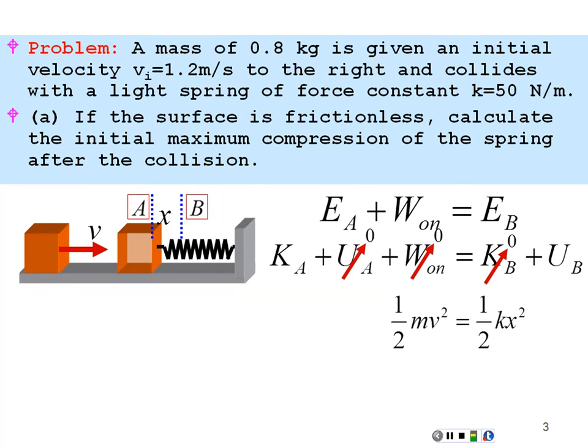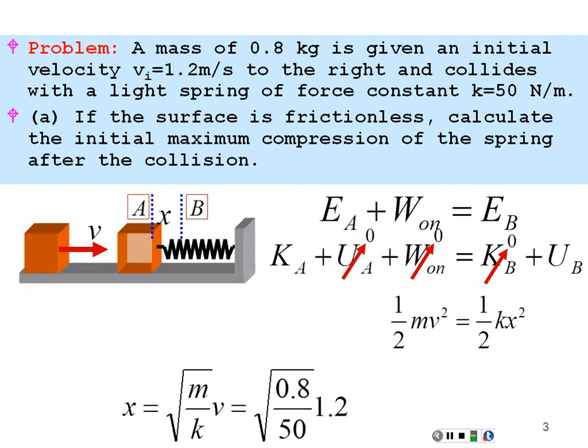Kinetic energy at A, 1/2 mass times velocity at A squared, is equal to the potential energy at B, which is totally in the compressed spring, 1/2 kx squared, because it's on the same gravitational level, so there's no gravitational potential energy. Multiply both sides by 2, divide by k, and take the square root to get the maximum compression.